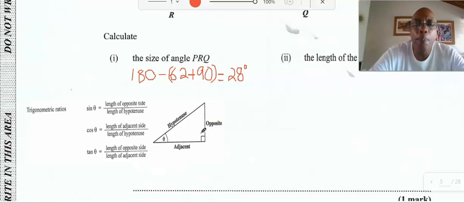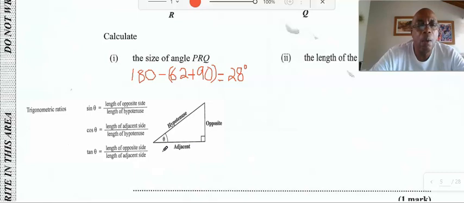The side opposite the right angle is called the hypotenuse. And given the angle here, labeled as theta, the side opposite that angle is called the opposite side. And the other side, which is next to the angle, the one that is not the hypotenuse, is the adjacent side.